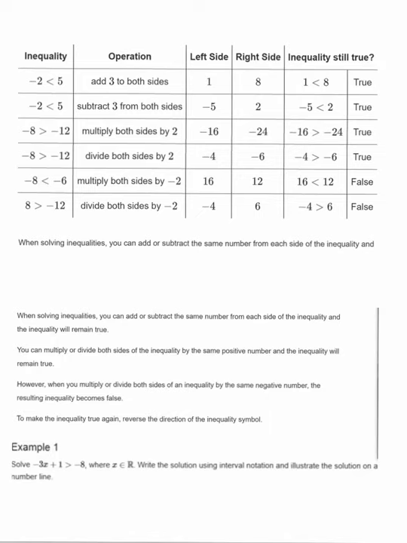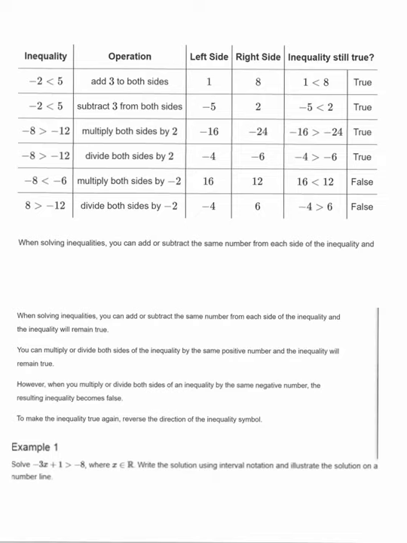We're going to add 3 to both sides. The left-hand side turns into 1, the right-hand side turns into 8. That inequality is still true. So whatever you do to one side, you have to do to the other side. It's exactly like working with equations. Working with inequalities is almost identical. And then we have a few more examples showing that that's true.